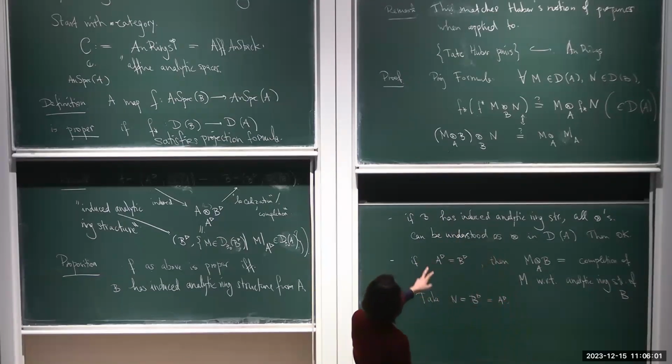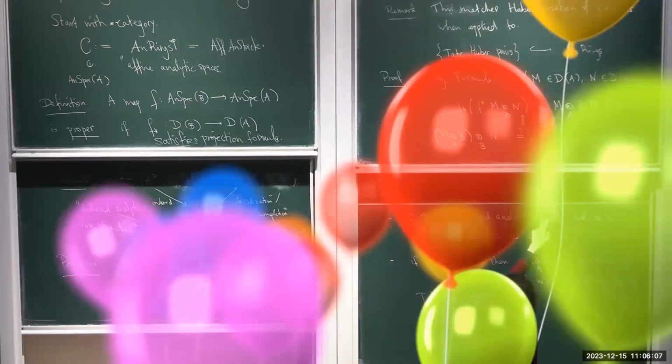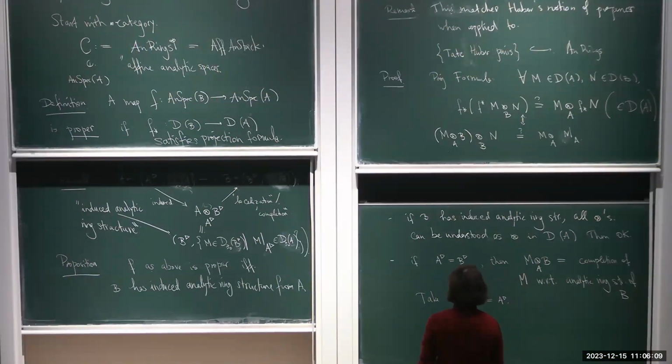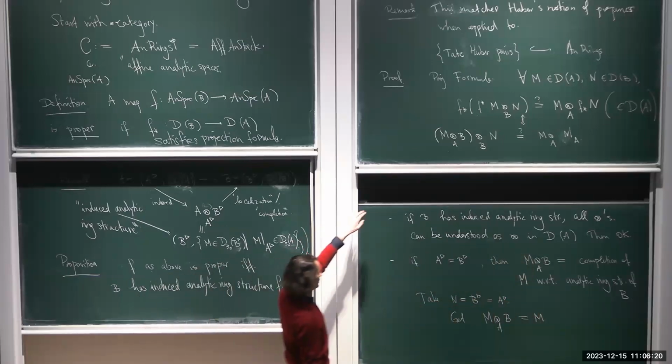Then neither on the left nor on the right does this tensor do anything, right? You're just tensoring with a unit. So then we get that M tensor over A with B must be equal to M. This is what this formula says.